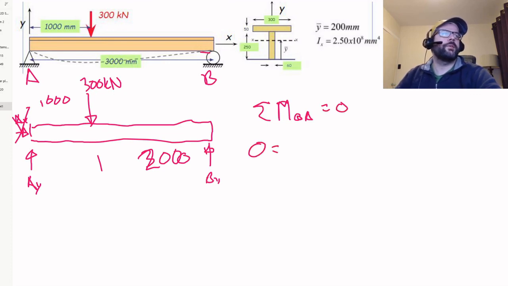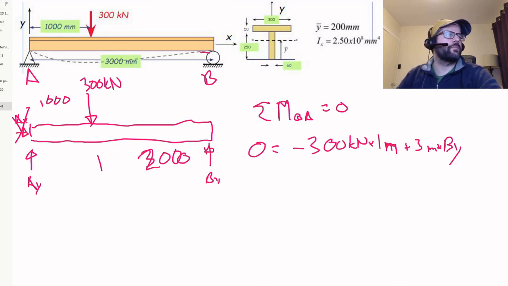So 0 is equal to negative 300 kilonewtons times 1 meter plus 3 meters times BY. That's a plus because it's clockwise from there. So BY ends up being 100 kilonewtons.